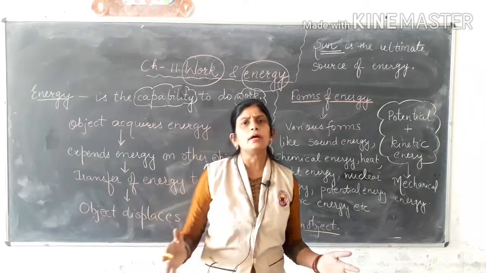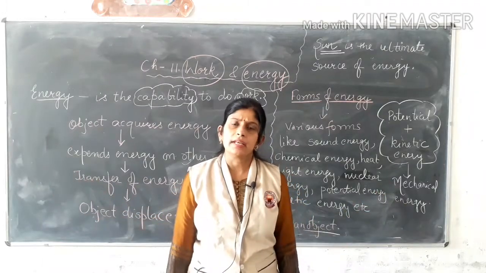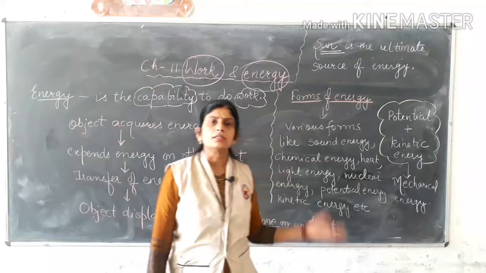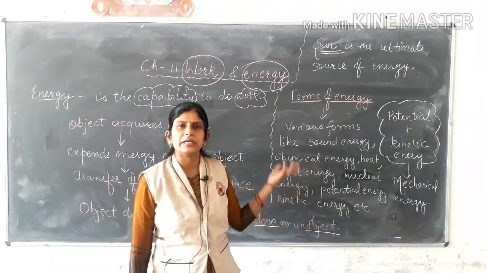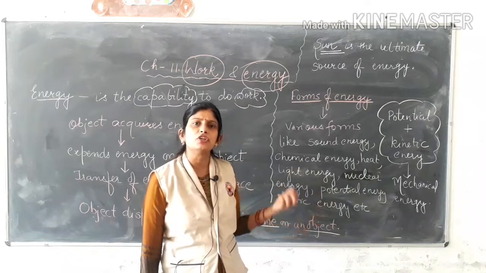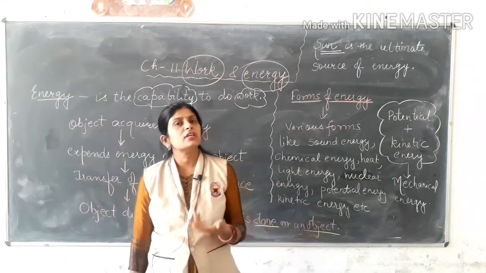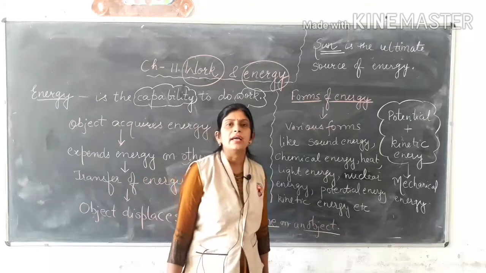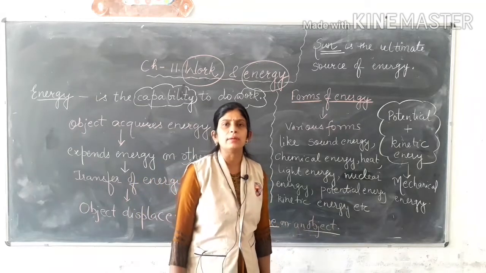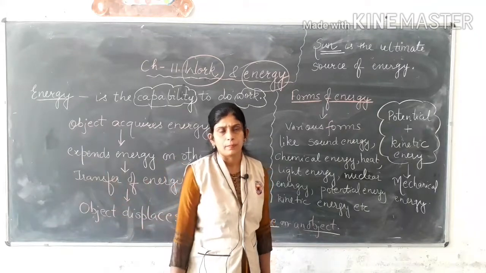Energy is available in several different forms in nature, like sound energy, chemical energy, heat energy, light energy, potential energy, kinetic energy, nuclear energy, atomic energy, electrical energy, etc. So, energy is found in nature in several various forms.